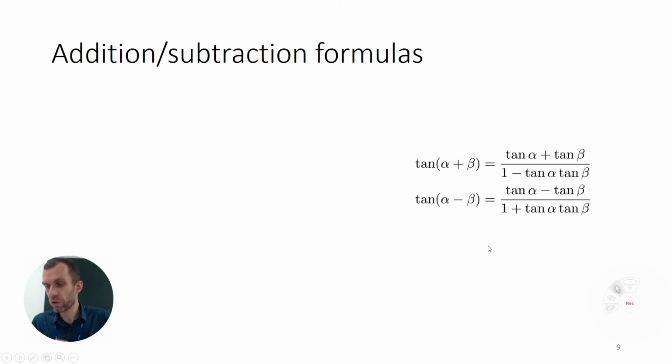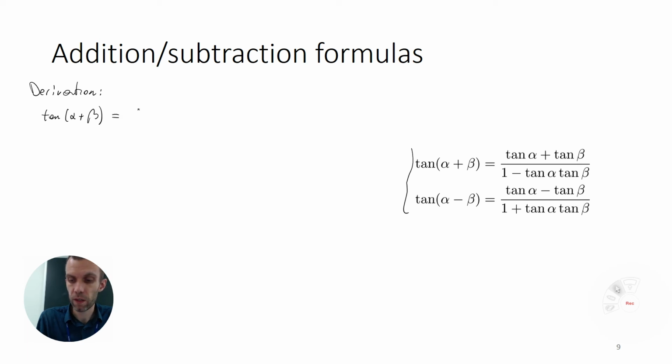So then there's one more set of addition subtraction formulas, and those cover the tangent. They're listed here, and we can try to derive one of them because they follow from what we already know. If we take the left-hand side, we get tan of alpha plus beta is equal to sine of alpha plus beta divided by cosine of alpha plus beta.